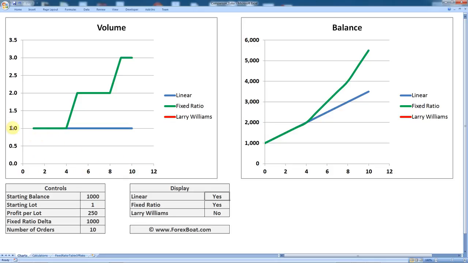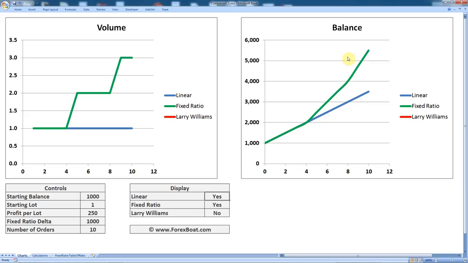Here you've got the transaction numbers, and on the left you've got the volume in lots. Basically that's kind of a model. It's telling you if you were to employ this method, then the volume of your transactions should be growing like this. If you were to employ that method, then it will be growing like that.